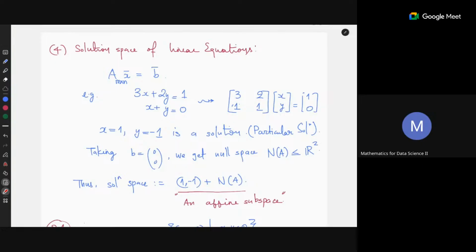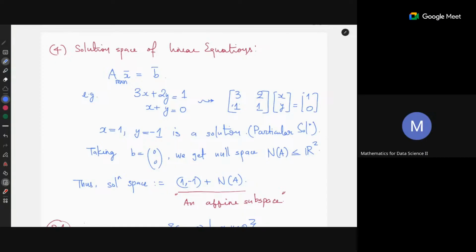So what is happening in this case is that you can think of the solution space as a shifted version of the null space. Why can I say that?